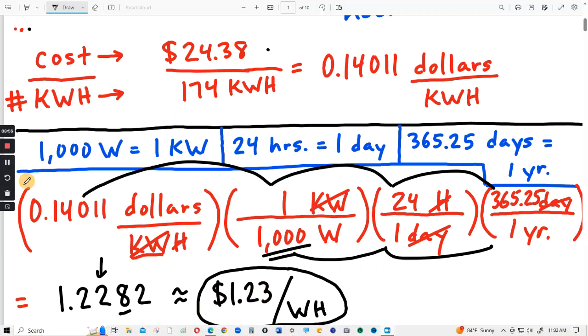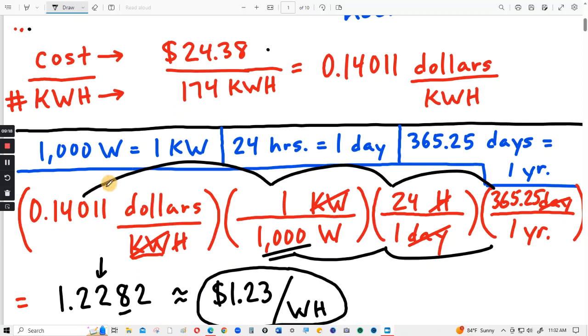Now, if you're worried about round off errors, like I said, you can store this answer in the calculator. You do this and store the answer rather than rounding off. Or what you can do is do this calculation all in one step. Instead of this step here, you take this fraction and that would go right here, okay, in place of this number.